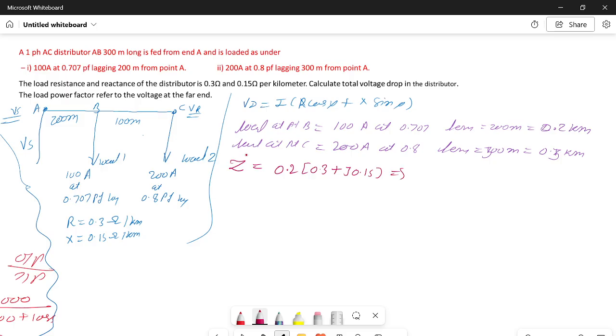So that gives the total impedance as 0.06 plus j0.03 ohm, and this is point B. And Z at C is equal to 0.1 into (0.3 plus j0.15). So this gives me 0.03 plus j0.015 ohm. Okay, now we get the impedance at B and C.